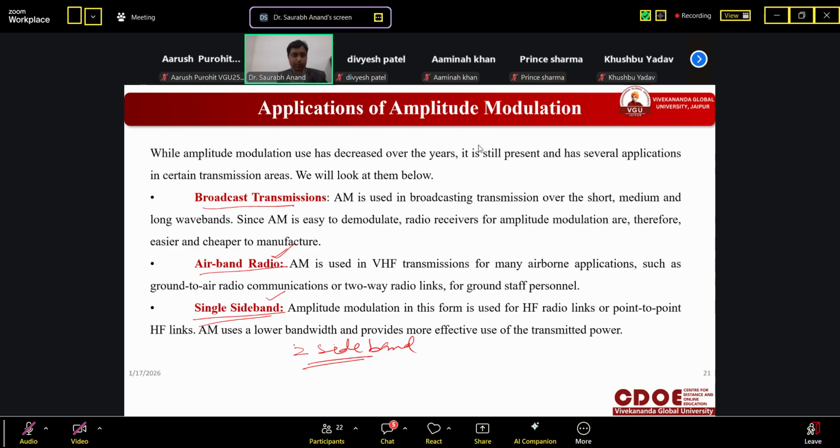Two sidebands means the actual information is in the sidebands. Both sidebands have the same information, so we can suppress one. Then one sideband will be transmitted, so it is actually saving power, and efficiency will also be increased.